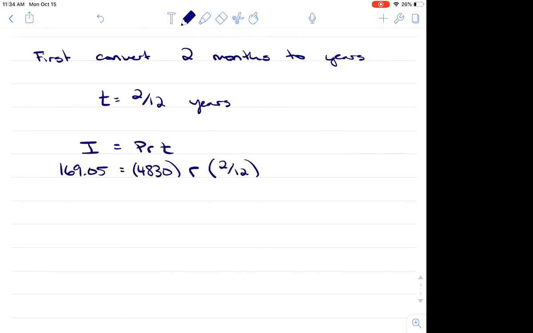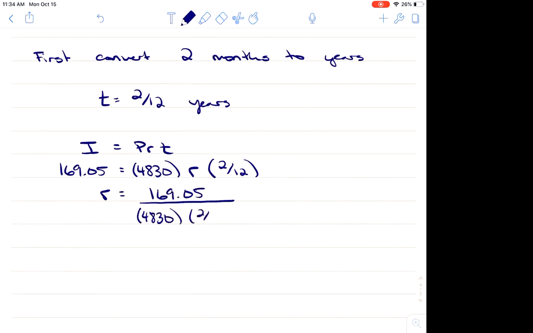Because the 4,830 times 2 over 12, we can just multiply those together and divide them over, or divide them over at the same time, that's fine. Right? So we get R is 169.05 divided by 4,830 times 2 over 12.